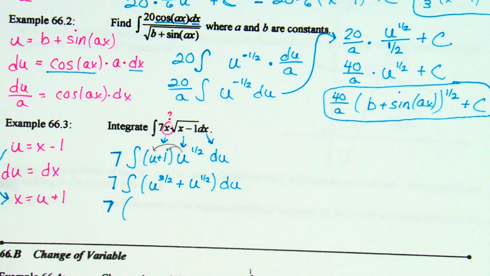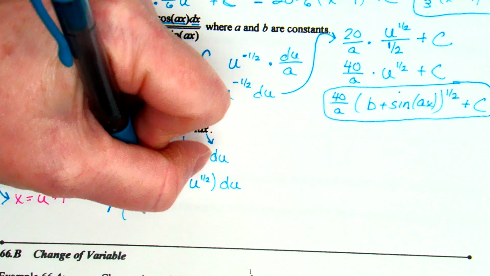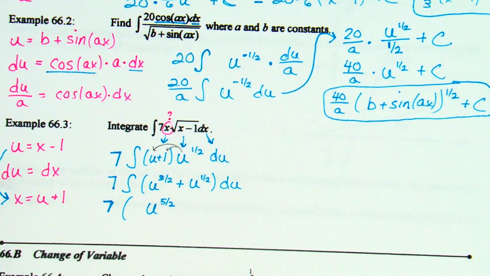What is the integral of u to the 3/2? Add 1 to the power, which makes it u to the 5/2. Also means you divide by the new power, so you're dividing by 5/2, which is really multiplying by 2/5.